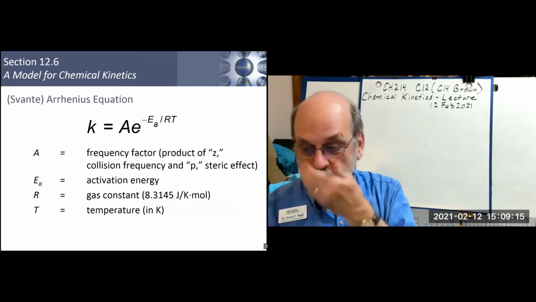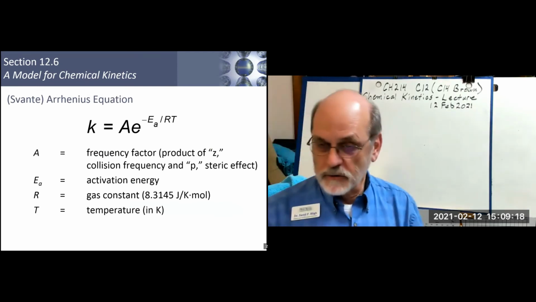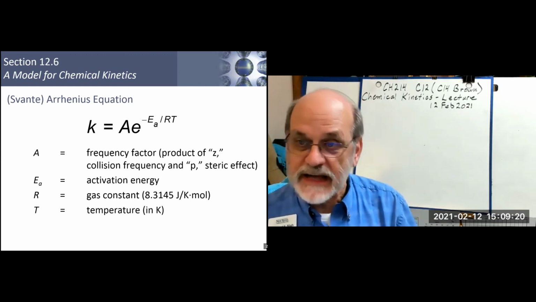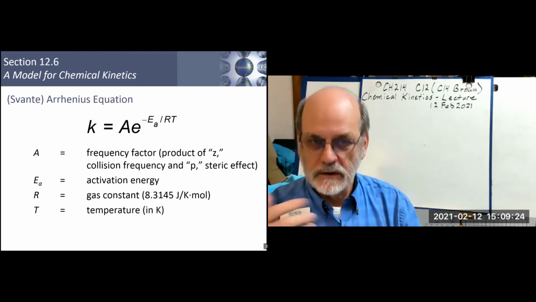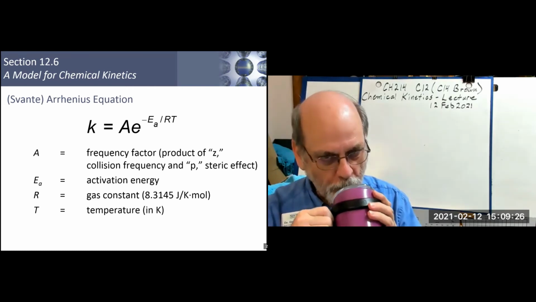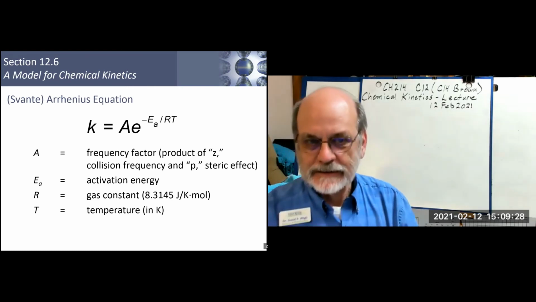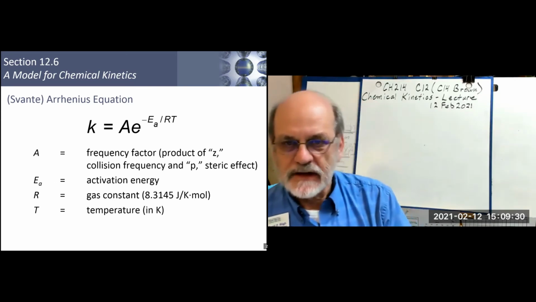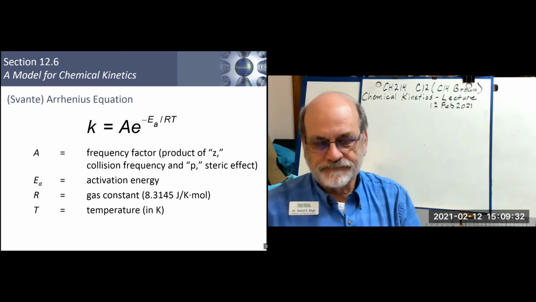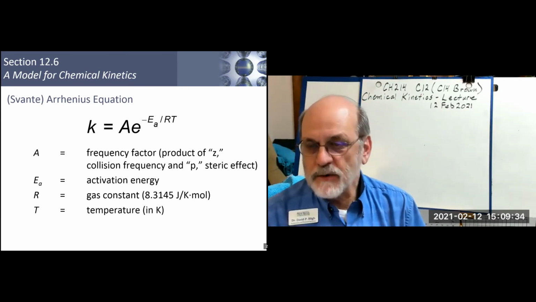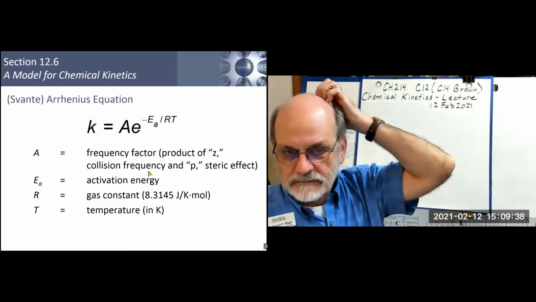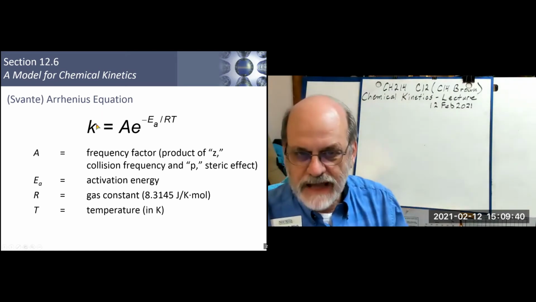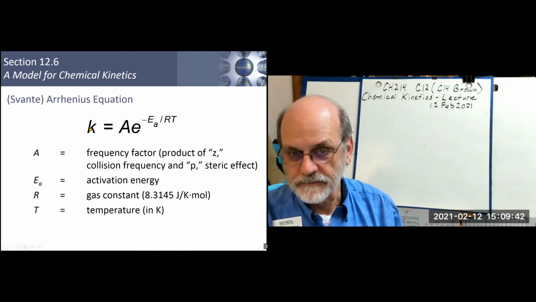Now, there was research done on this, and an explanation was proposed relative to activation energy by a scientist. His name was Arrhenius. And he proposed this equation. And he said this K value is a constant.